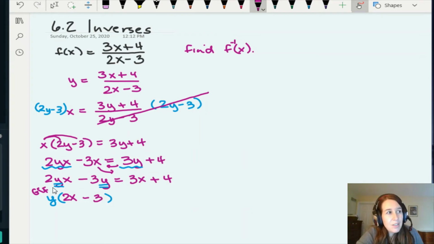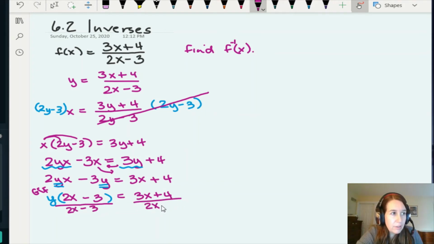Once you have all the y's on one side, factor the y out the front, okay? It's a GCF factor. This side is still 3x plus 4. Okay, now it's y times these things. So to get y by itself, just divide both sides by 2x minus 3.